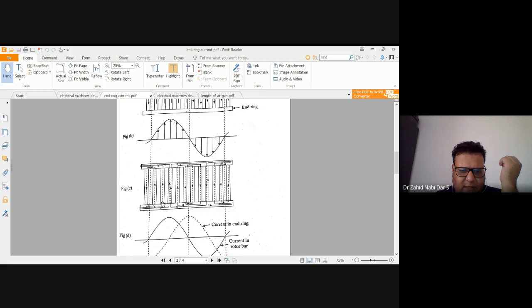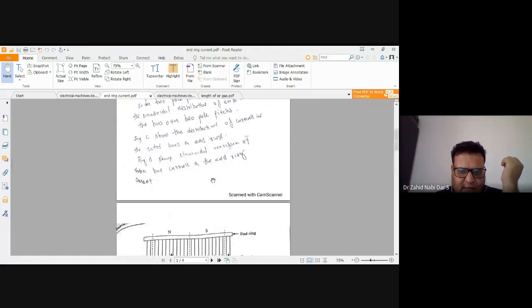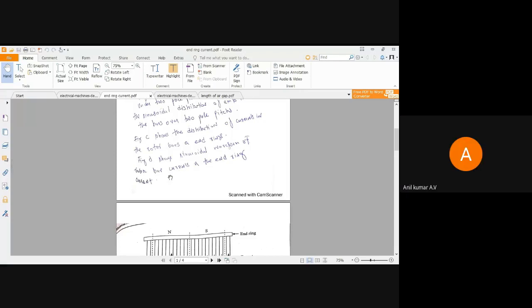Similarly, you have a go path and a return path, again a go path and a return path. So this is the distribution of the current in the end ring winding. And finally, figure D shows the sinusoidal waveform of rotor bar currents and the end ring currents.